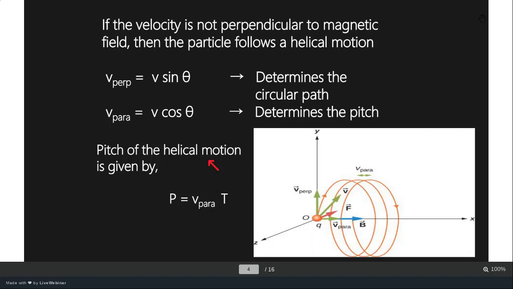Here, the pitch is the horizontal distance between two consecutive circles, which is given by the relation pitch = v_parallel × T, where T is the time period.